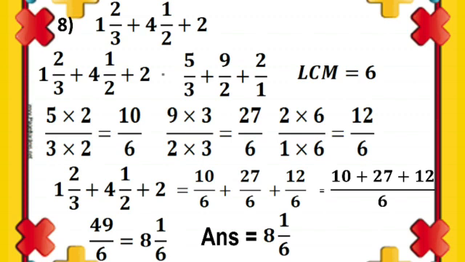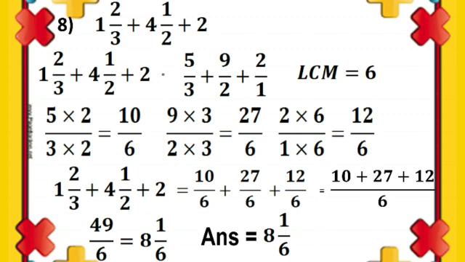So what is the LCM for 1, 2, 3? It is 6. So we will keep 6 as the denominator and find the equivalent fractions for 5 by 3, 9 by 2 and 2 by 1. When you multiply, you get 10 by 6, 27 by 6 and 12 by 6.